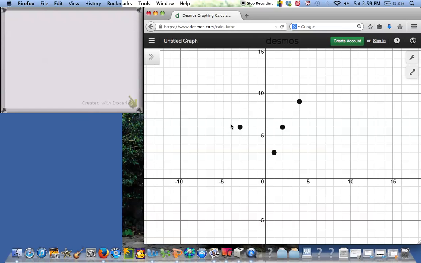When your data set is just a set of points, you're going to use the notation like this, off to the left. We're going to say our domain, and what are our possible X values? Well, as you can see, there are only 4 possible X values for this function. One of them is -3. The other one is 1.